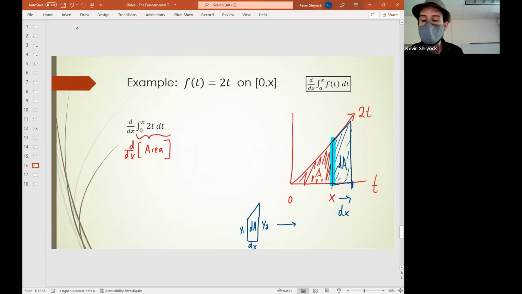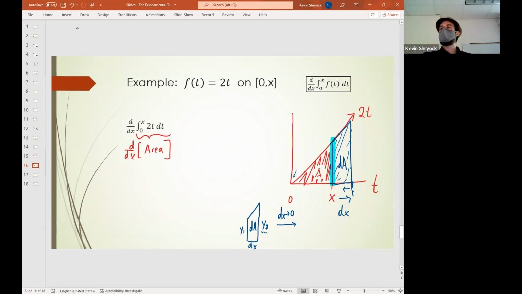If I bring dx to something much more reasonable, like something close to 0, since it's supposed to be a forever small 0 type thing, then that means I'm going to be bringing in this side. So if I bring that all the way in, this y2 value is going to get less and less and less until it approaches what? 0. It won't get to 0. That would be if I brought it all the way back down to the height of 0. It approaches x. X isn't a height. X is just a sideways position.